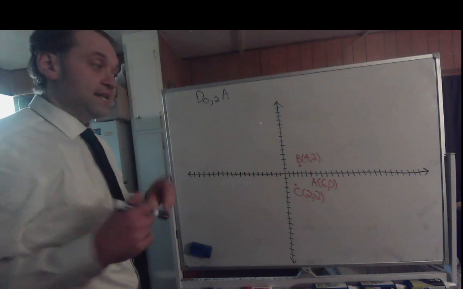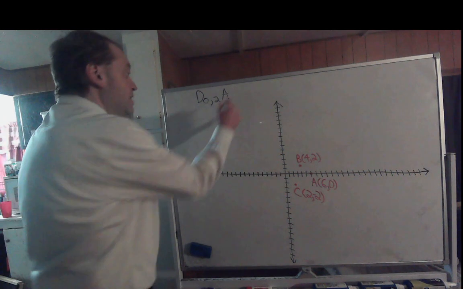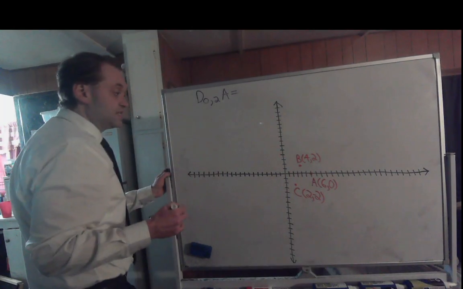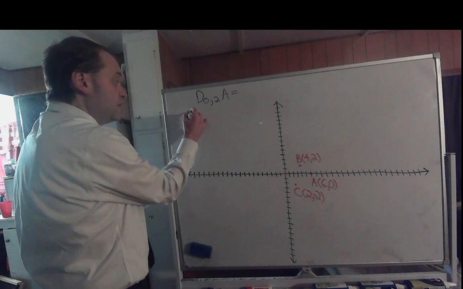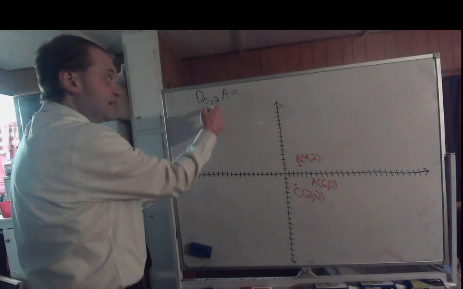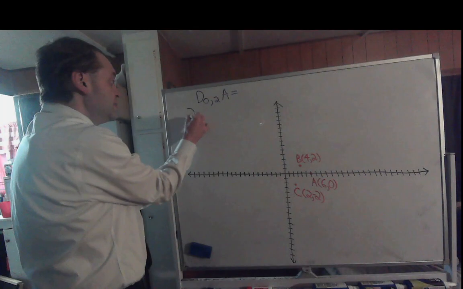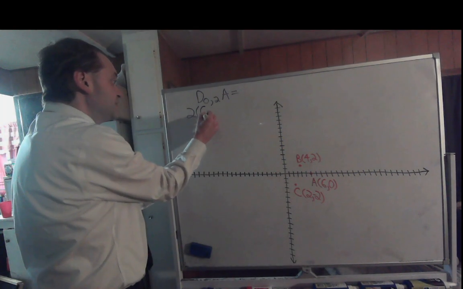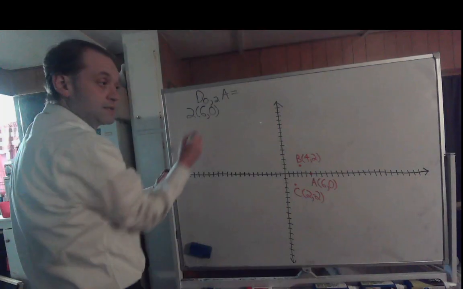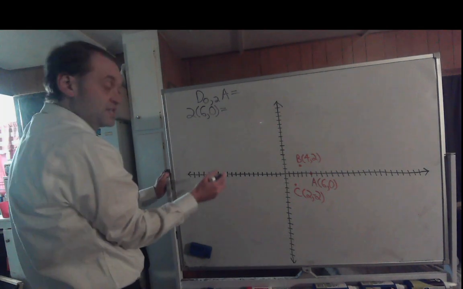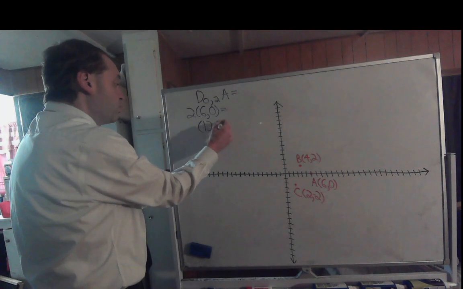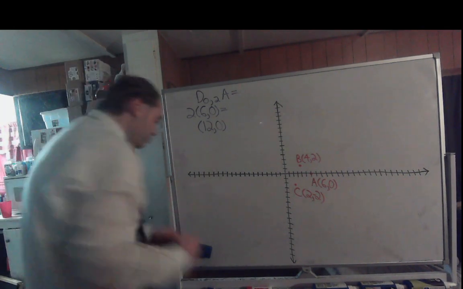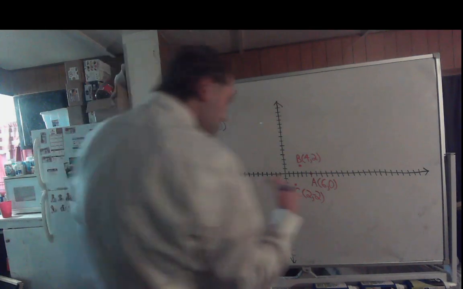So what does that entail? That means that I'm going to take my coordinates for A, which would be 6, 0, and I'm going to multiply by that scalar factor of 2. So I'll take 2 times my 6, 0 coordinate, which would simply give me 12, 0. So the coordinate for my A prime would be at the point 12, 0. So I'll go ahead and plot that.